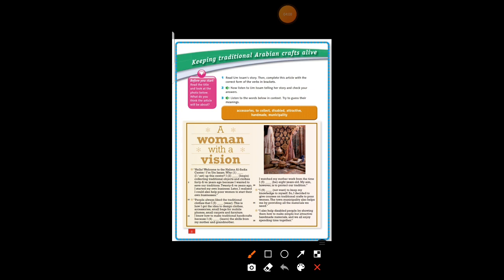Dear girls, I want you now to open your books, page 8, and let's have a look on our lesson. Here, look at the picture. What can you see? Can you see traditional objects? Okay, now let's have a look on the title.